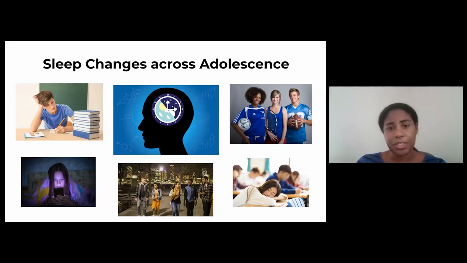In addition, we do have the issue of school start times, which there has been years of work to try to address, and there has been some success in pushing back school start times. But historically, it seemed like the adolescents or high schoolers had the earliest start time out of middle school and elementary school.